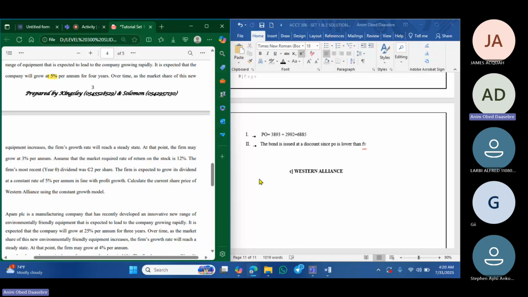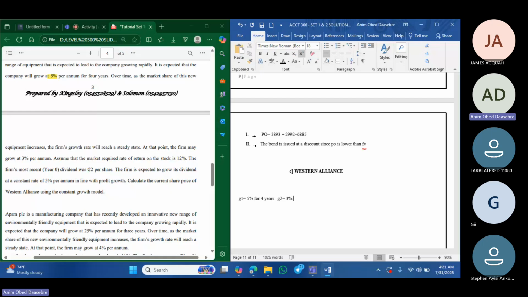So we have g1. g1 equals what? 5%. For how long? For 4 years. And you also have g2 equals 3% afterwards.